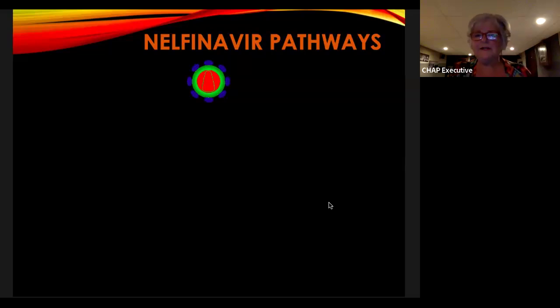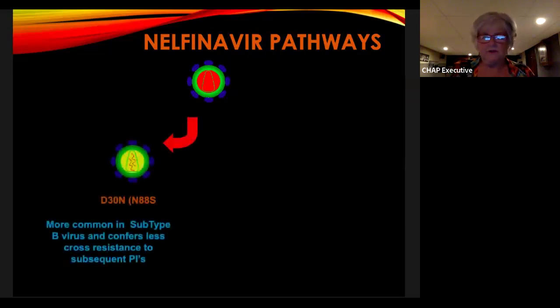I'm going to also give you an example of an earlier protease. The most common path with an earlier unboosted protease, we used a lot of nelfinavir in the late 90s, and maybe one of your clinics did. If the person had subtype B virus, they were more likely to develop a D30N mutation, and this particular mutation was only significant against nelfinavir and did not confer any cross resistance to the other protease inhibitors in the class.